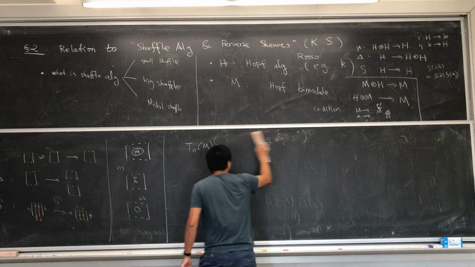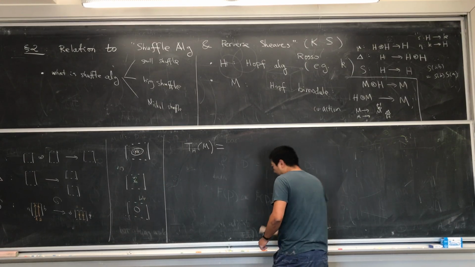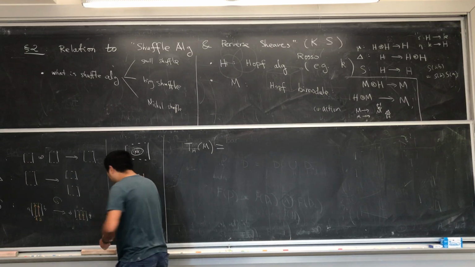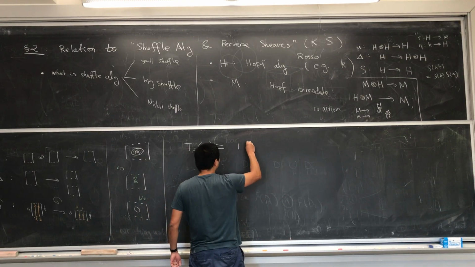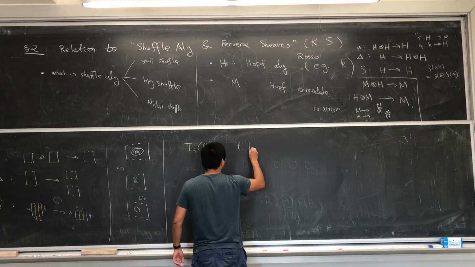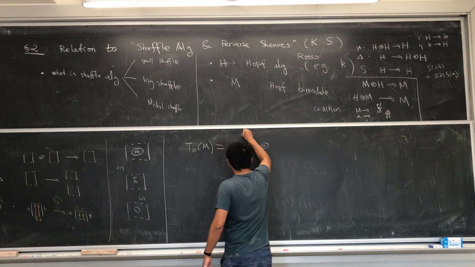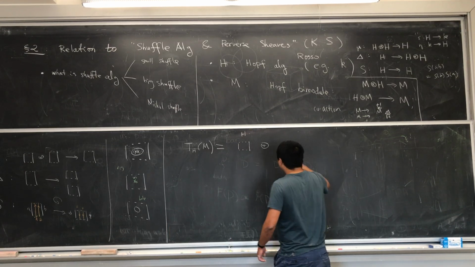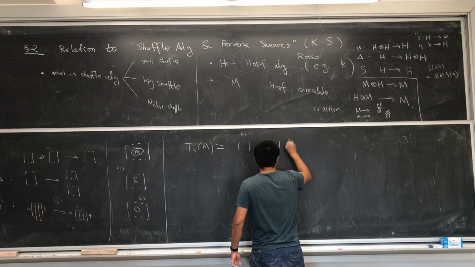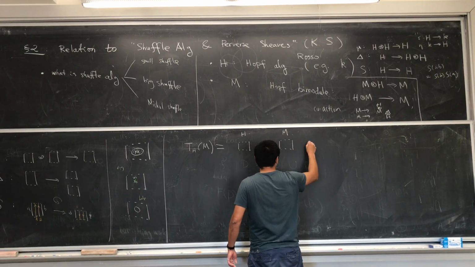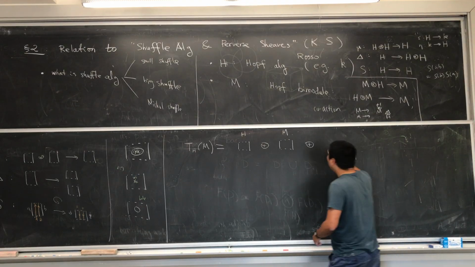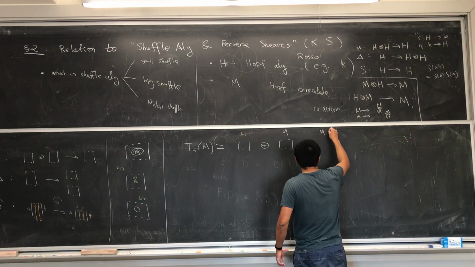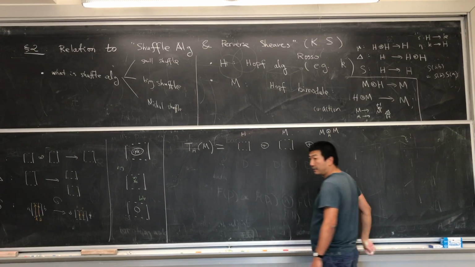You start by having a copy of H and a copy of M and a copy of M tensor over H with M.